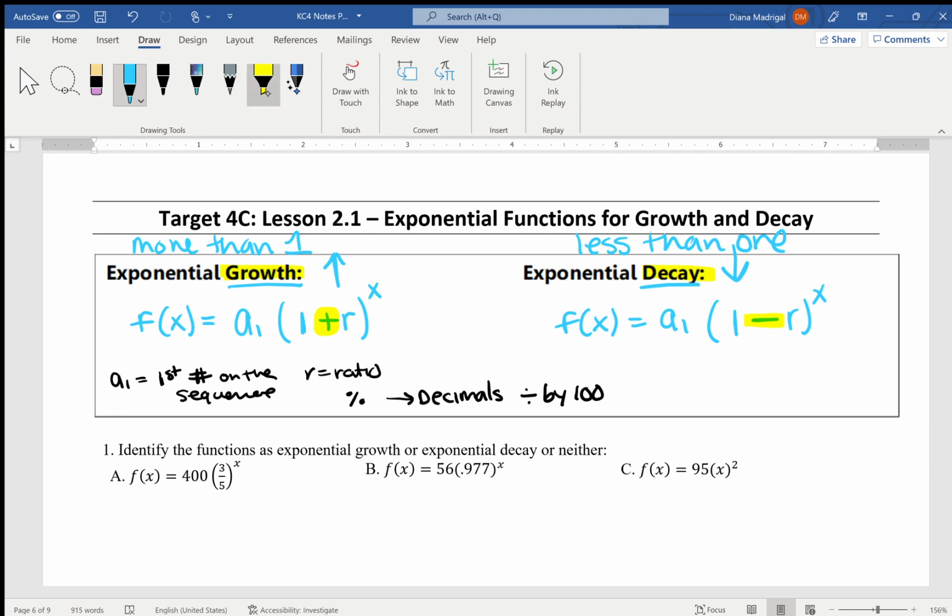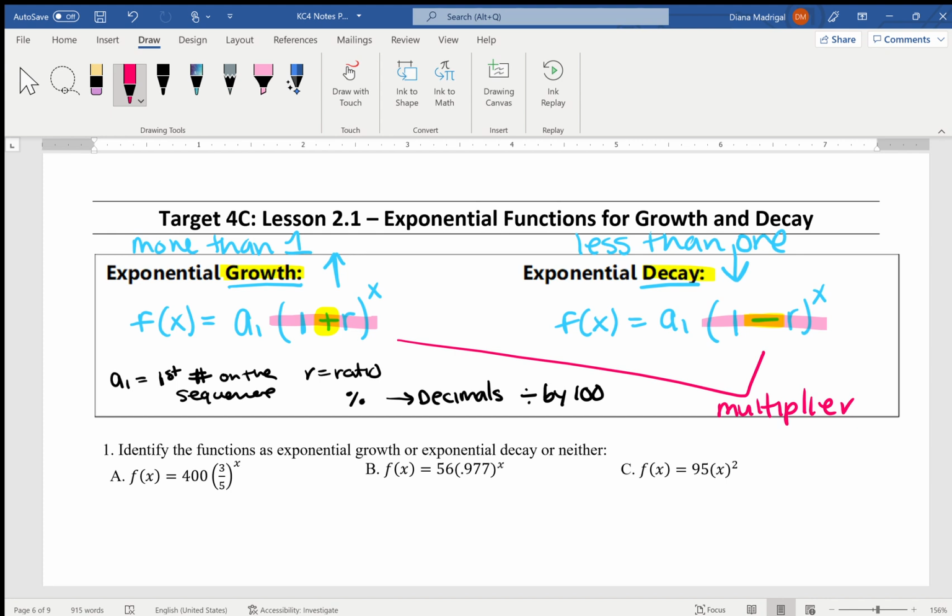This right here inside the parentheses, so the 1 minus r and the 1 plus r, that is called the multiplier. And again, why is it called a multiplier? Because it has the ratio. Remember, the ratio is the change. What is the change? When you're multiplying. That's why it's called a multiplier.